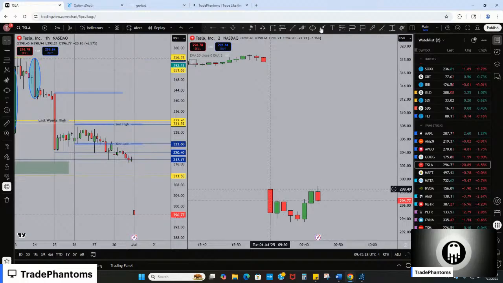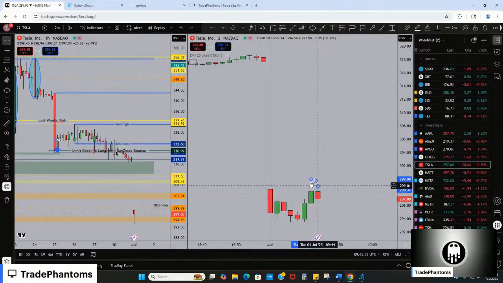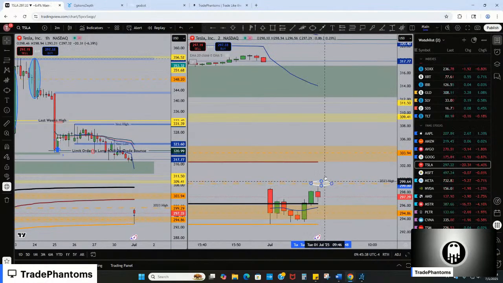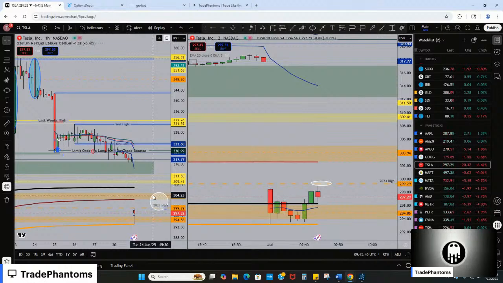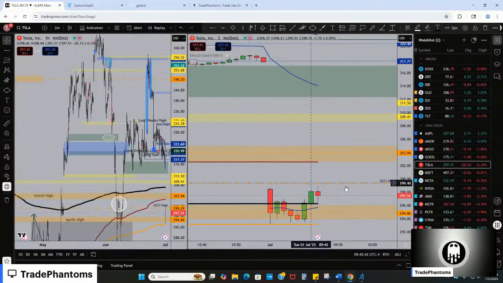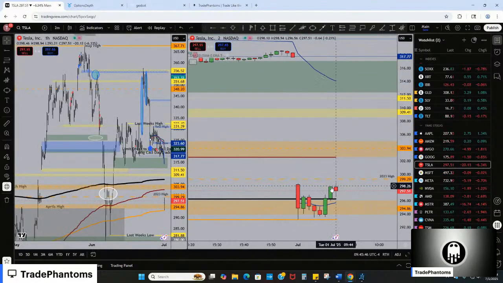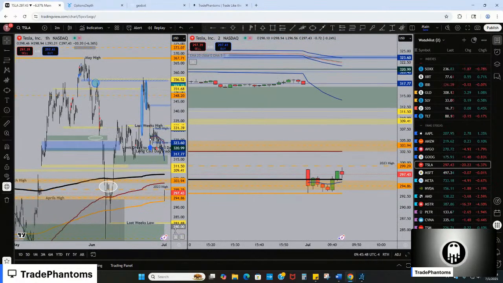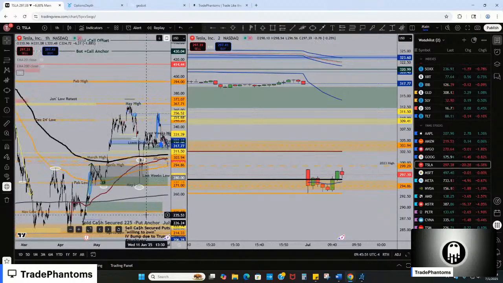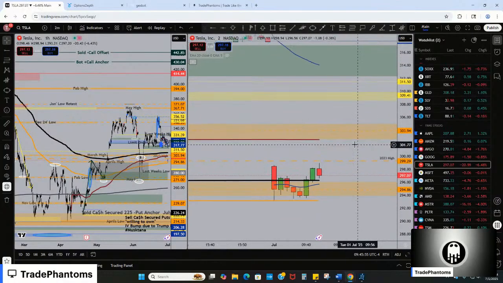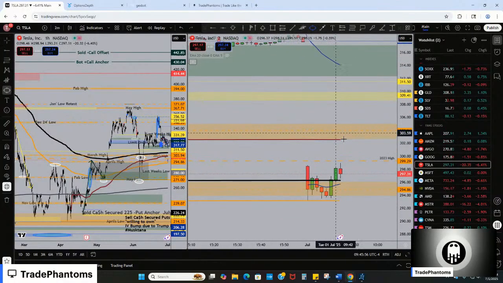This could be a bit of a trap here. If Tesla swipes up here, this could be a bull trap.